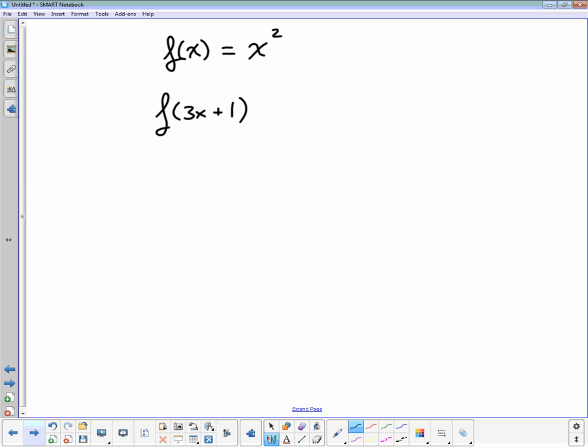Now if I'm trying to find the roots on this guy, that's what my function would actually look like.